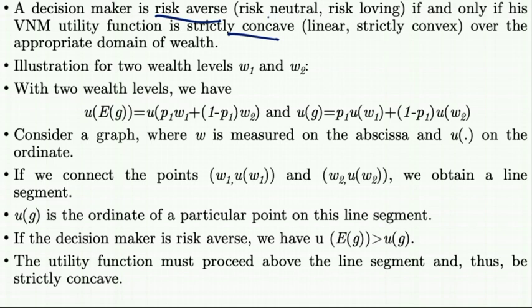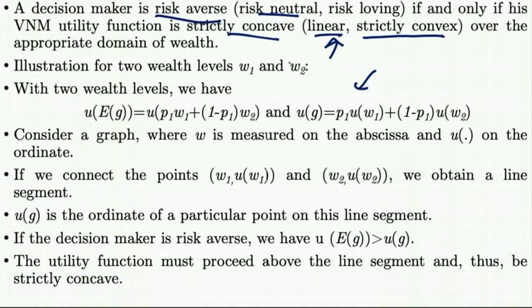But he is considered a risk neutral person if his von Neumann-Morgenstern utility function is strictly linear. And he is a risk-loving person if the expected utility function is strictly convex over the appropriate domain of wealth.